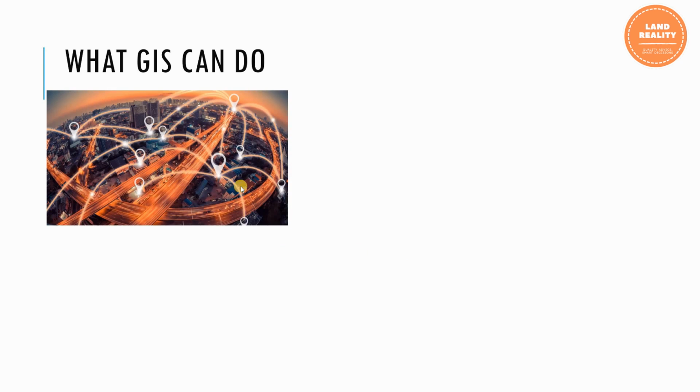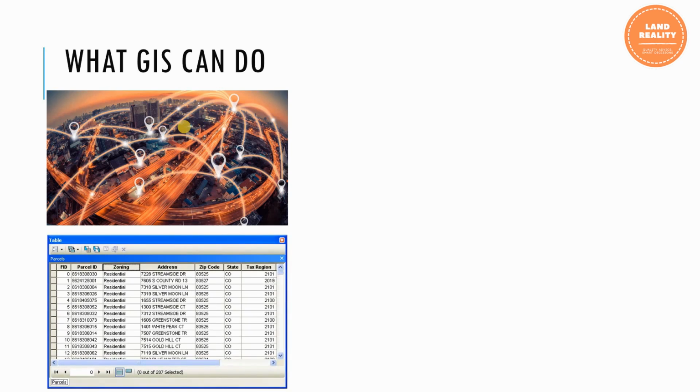So these are locations of buildings and roads and other objects. You can also map or store attributes, which is what it is. An attribute is what it is in relation to the object, where it is, the location.